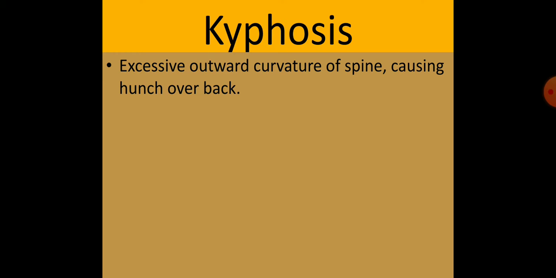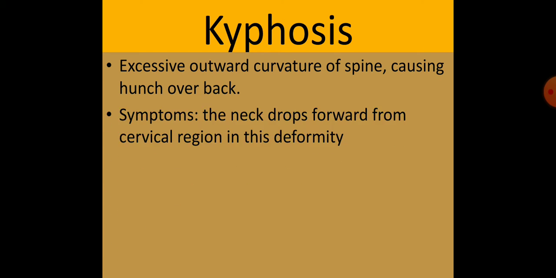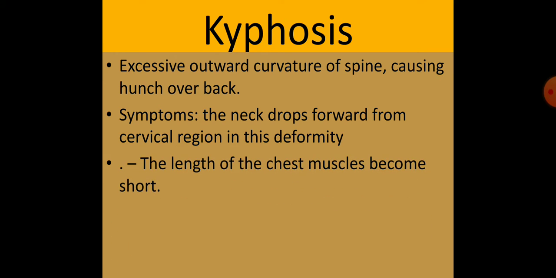Kyphosis is the excessive outward curvature of the spine causing a hunch over the back. Symptoms: the neck drops forward from the cervical region.